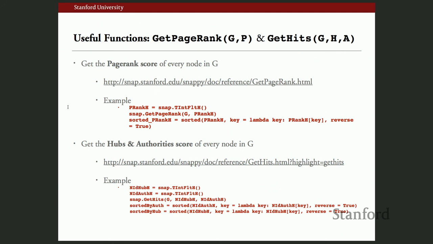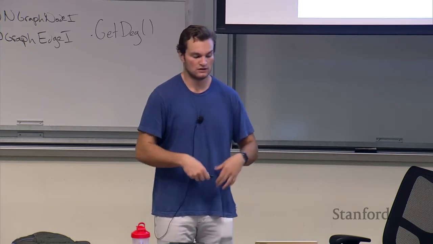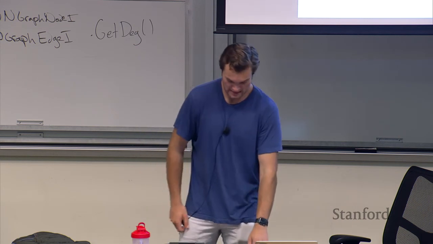You see that there's a hash map from ints to floats that gets passed in to the GetPageRank function, and that makes sense because the PageRank score is a float, and so you need a map to store from every node ID, which is an int, to their PageRank score, which is a float, and then it populates it, and then you can also sort it.